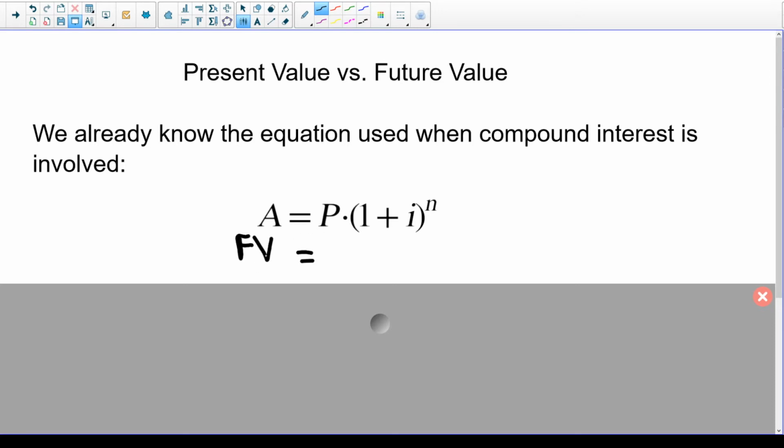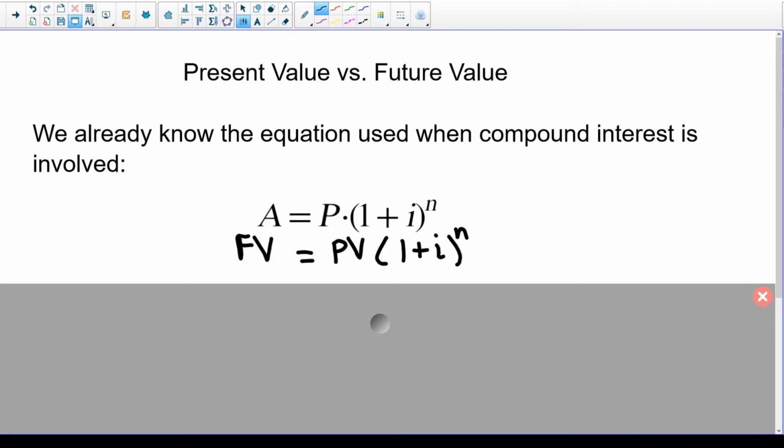So the future value of an investment is equal to the principal, but you can consider the principal as being the amount of money you're investing today, which we call the present value sometimes. So you will actually see some formulas written like this in financial textbooks or financial units of certain textbooks.